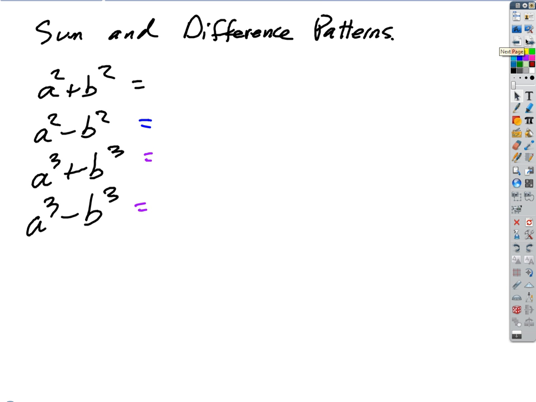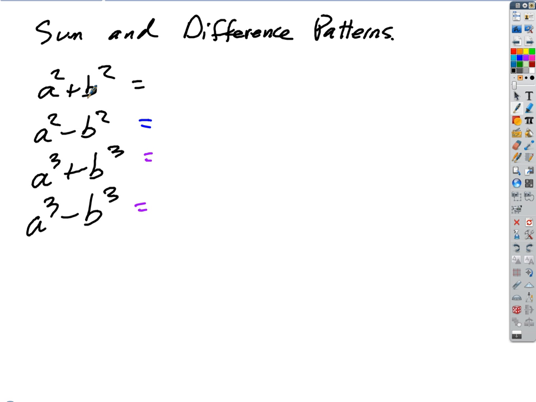Okay, remember we had these 4 patterns, 3 of which worked, right? 1 of which really didn't actually. Okay, what was our pattern? Think back here, see if you can tell me, what was our pattern for this first one? And what would we call that? How would we describe that pattern? Is it a sum or a difference? Sum of what? Squares. Yeah, okay, it's a sum of squares, isn't it?